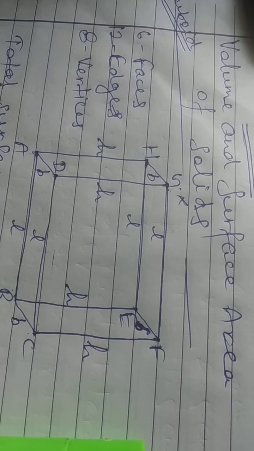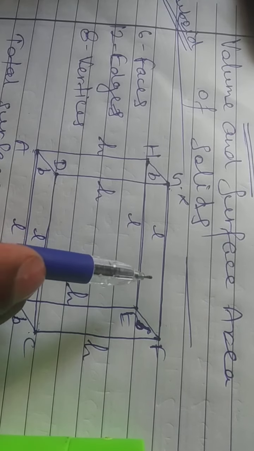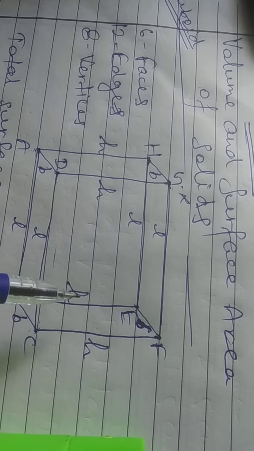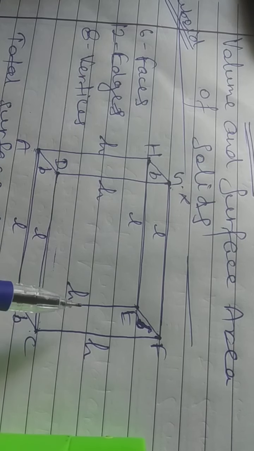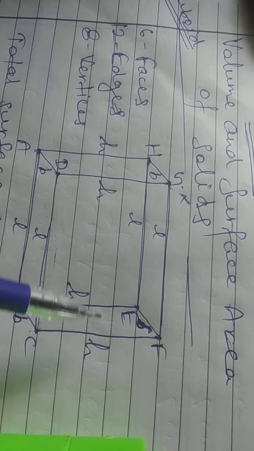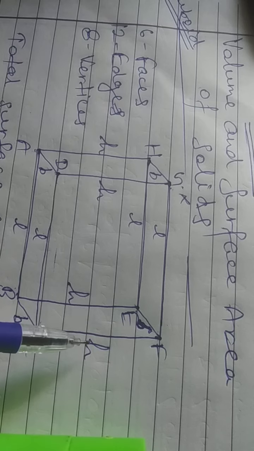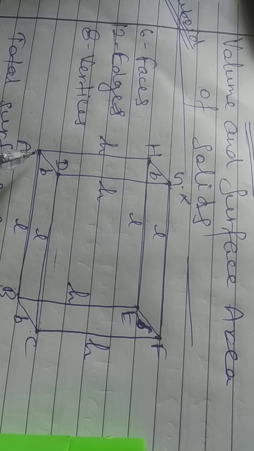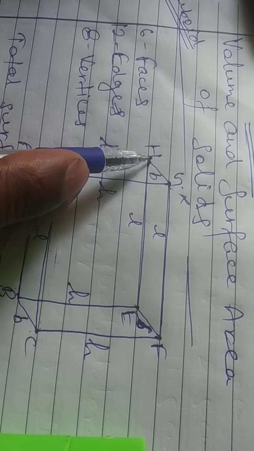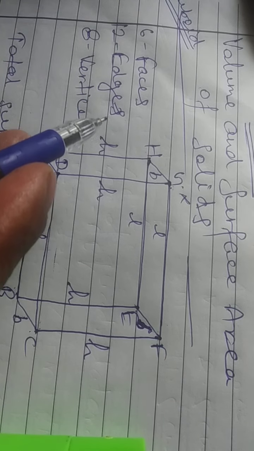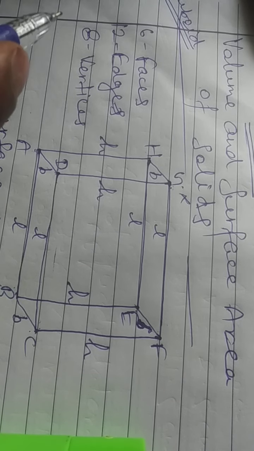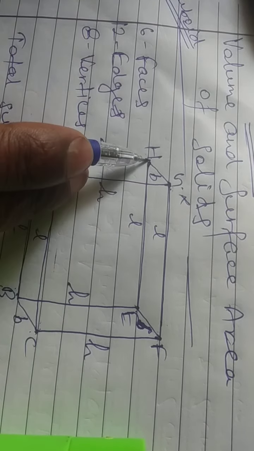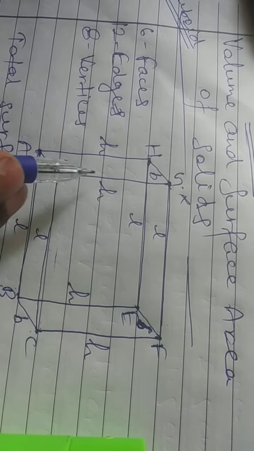A, B, C, D is the lower face, and the upper face is E, F, G, H. Similarly, there are 2 other faces at the left side and the right side. At the left side the rectangular faces are B, C, F, E, and A, D, G, H. Similarly, the back and front faces are A, B, E, H and C, F, G, D.